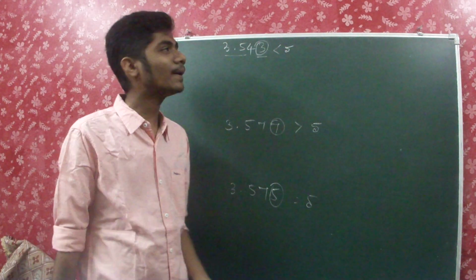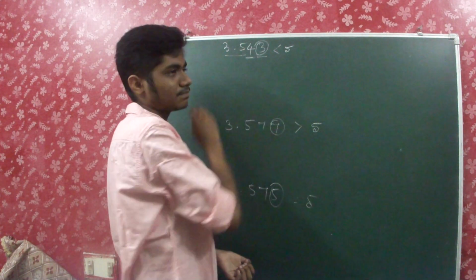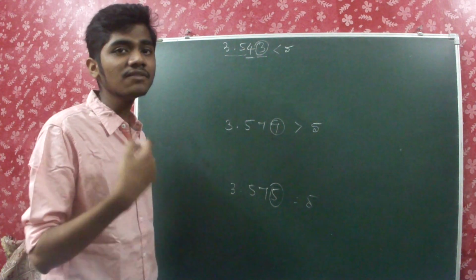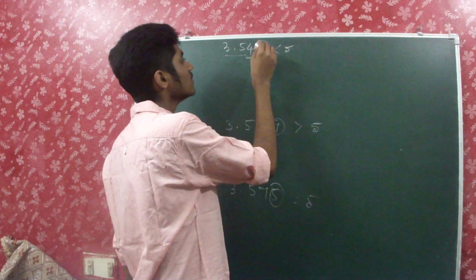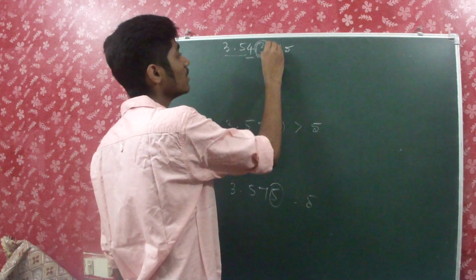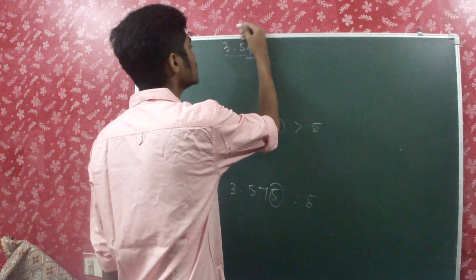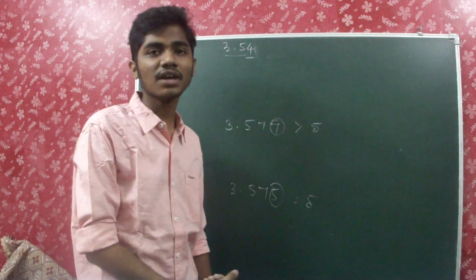So the rule is that if the uncertain digit, that is the last digit, is less than 5, then you can just leave it off and make it 3.5. That's it.